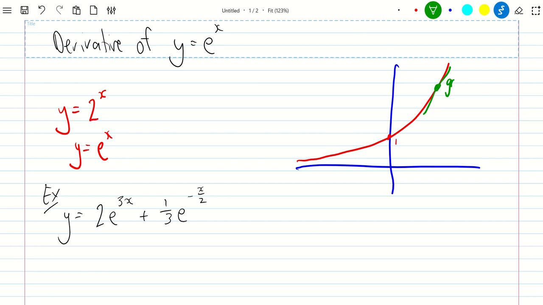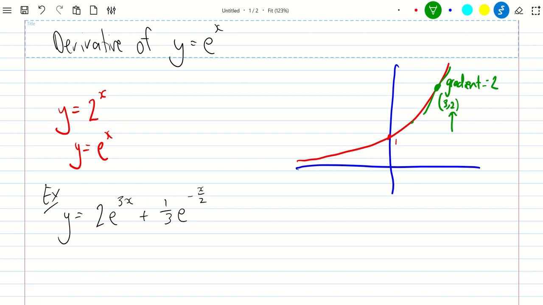So here, I'm just going to throw a number at it, right? If the gradient there is equal to, let's say it's 2, then the y value will be 2. So the y value is the same as the gradient.